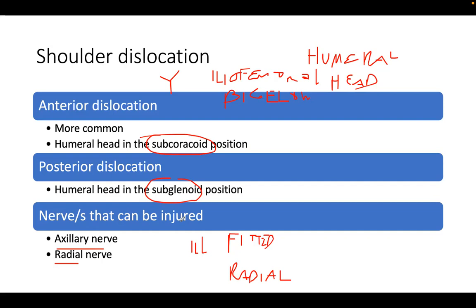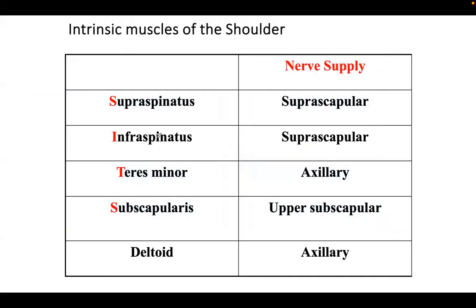Now, memorize this by heart. This is the rotator cuff. The deltoid is not part of the rotator cuff. What is the nerve that supplies the rotator cuff and the deltoid? It's the axillary.